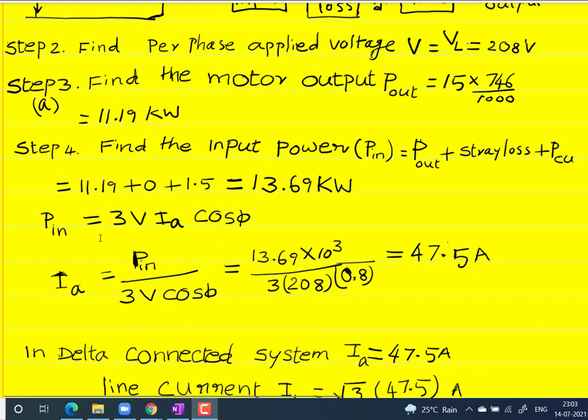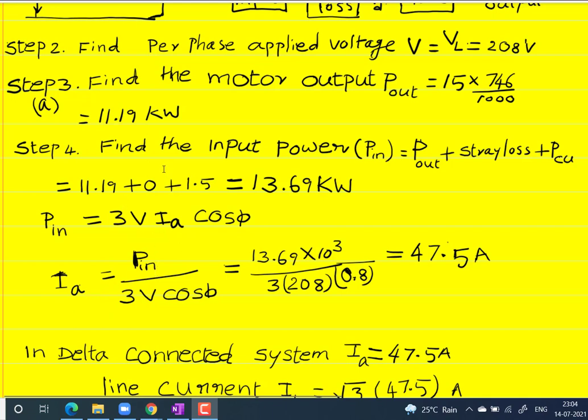We know for the synchronous motor the input power is given by 3 into V into IA into cos phi, where V is the applied voltage per phase, IA is the per phase current, cos phi is the power factor of the motor, and 3 is for 3 phases. From this we can calculate the armature current per phase.